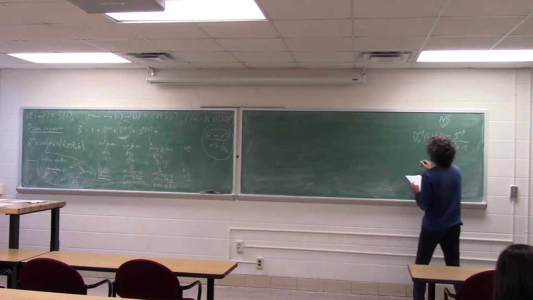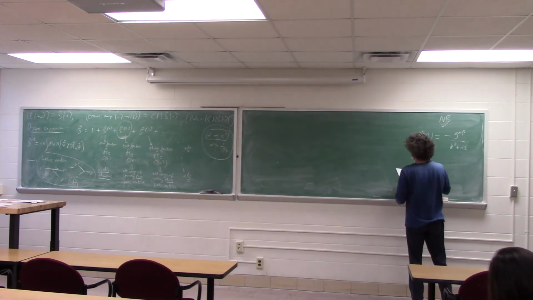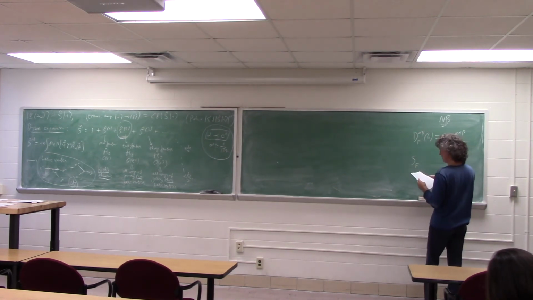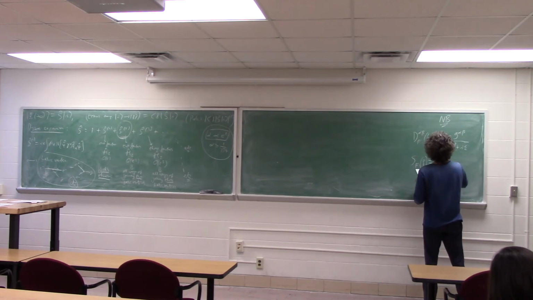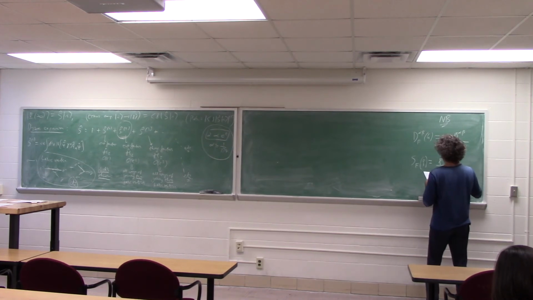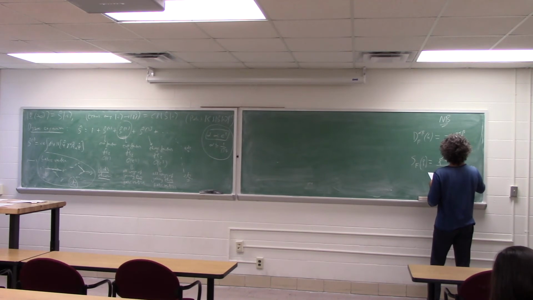And the Feynman fermion propagator in momentum space is p slash plus m over p squared minus m squared plus i epsilon.